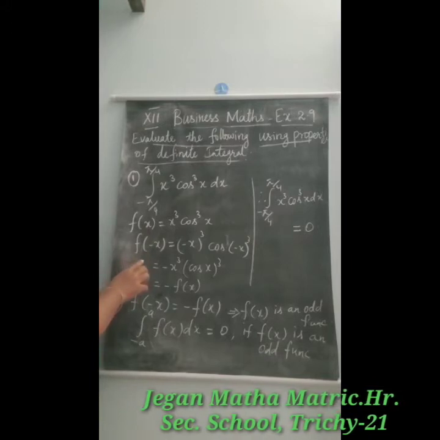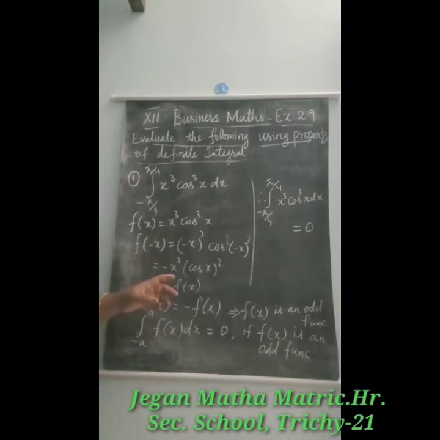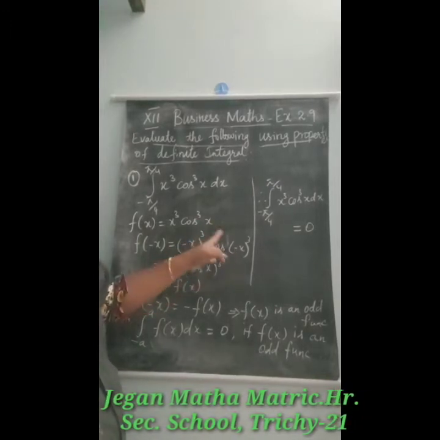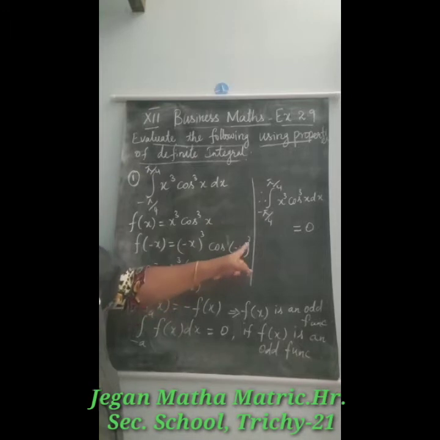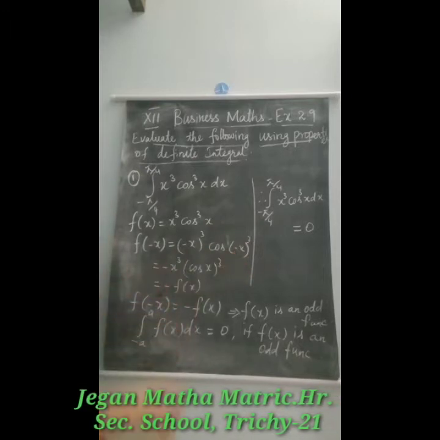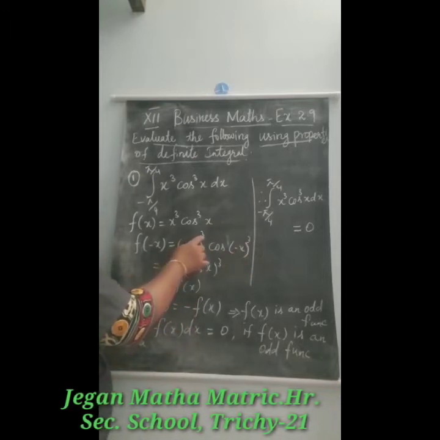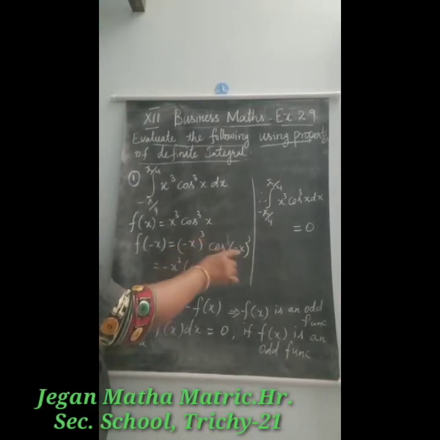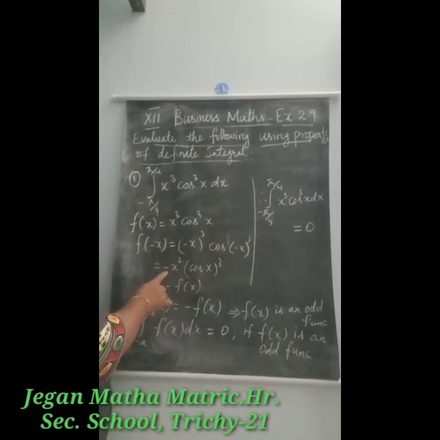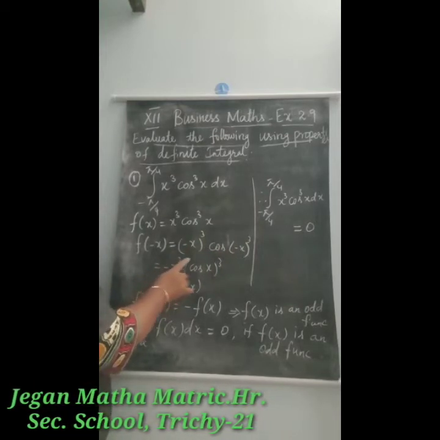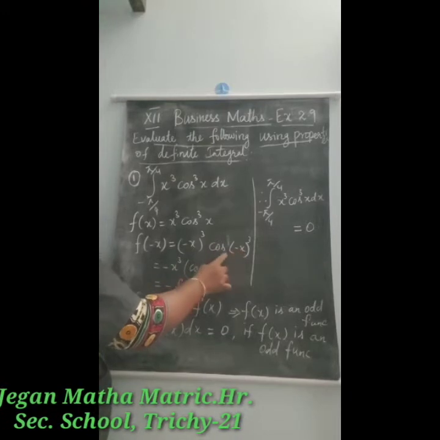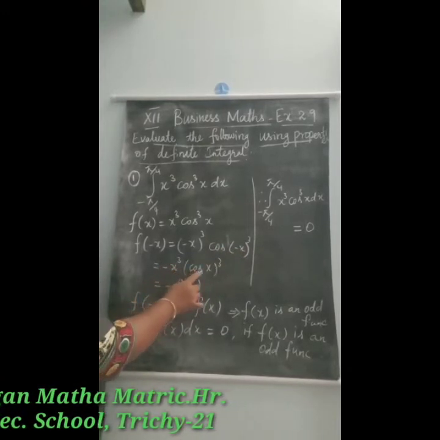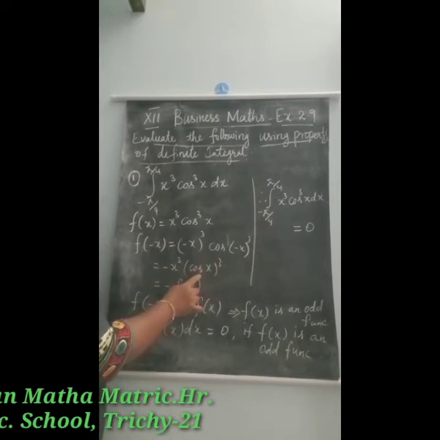So f(-x) = (-x)³ cos((-x))³. Minus is an odd power, so if you multiply minus three times, we get minus only. So -x³, and cos(-x) is cos x, so -x³ cos³x.